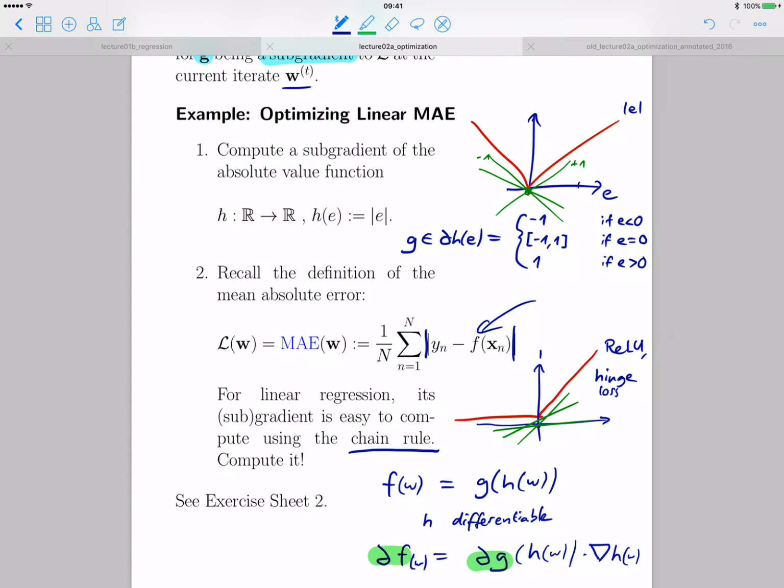Sorry, this may be a bit confusing, but take an element of this set here times this vector here. So take any element of the g subgradient, multiply it with this vector, you get an element of the subgradient of the entire combined function.